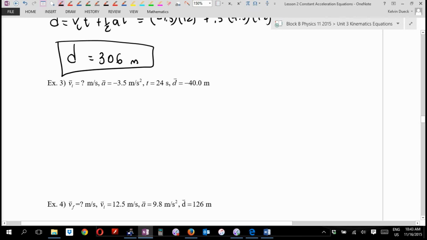Let's try another one. And by the way, I'm glad you did. This is the process of elimination that you'll start to do mentally. So you looked at that one, read it to yourself without writing anything down, check to see if they gave, oh, missing VF. Let's try the next one. Kareem. D is equal to VI, a half AT squared. In fact, the same one as the previous in this case.